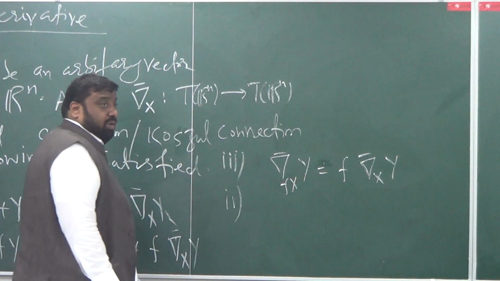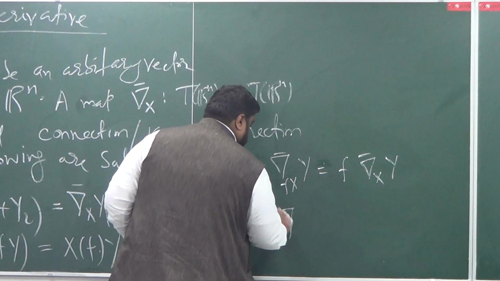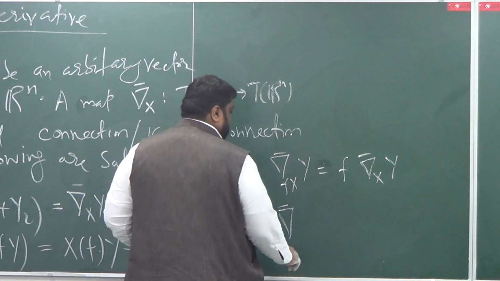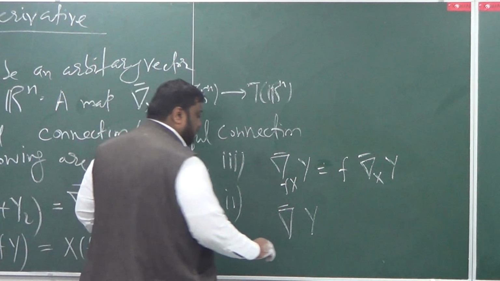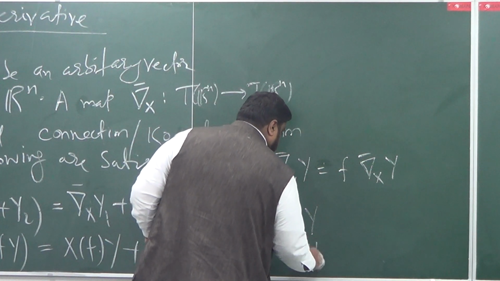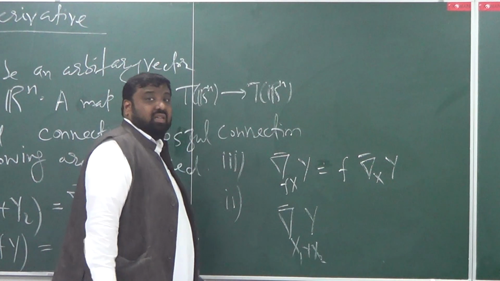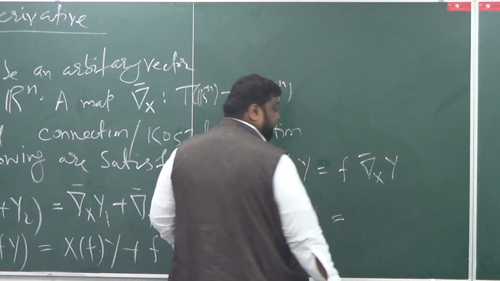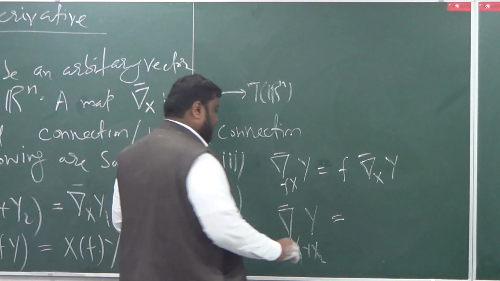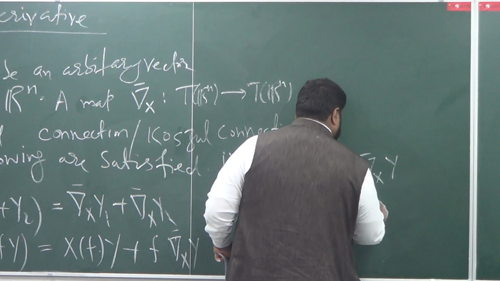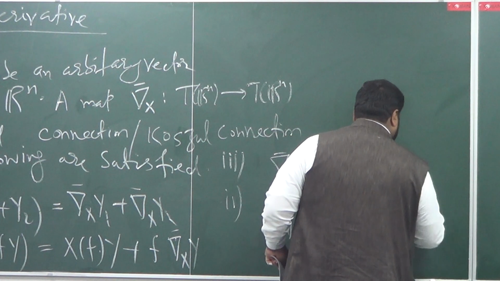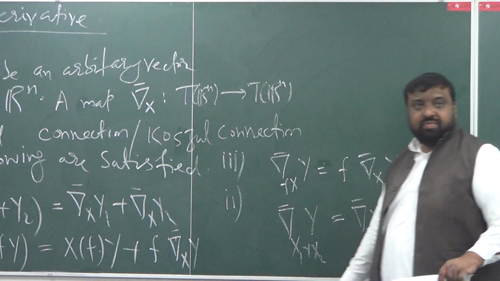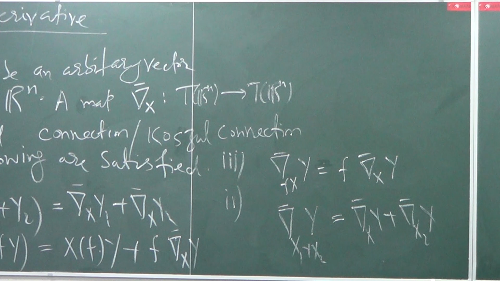And the fourth property: if I am computing the directional derivative in the direction of a sum of two vectors, then it should give you del X1 of Y plus del X2 of Y. Is it making sense? Okay.